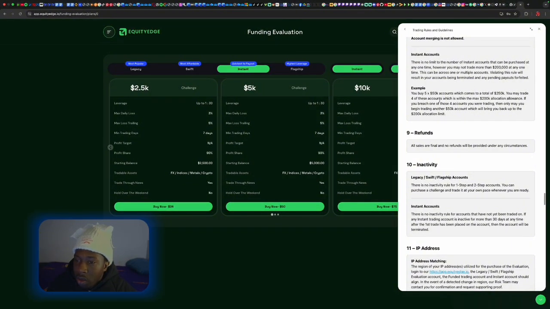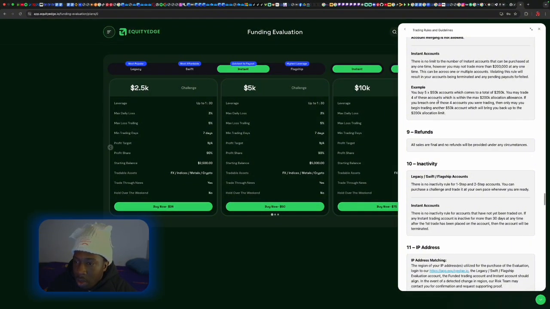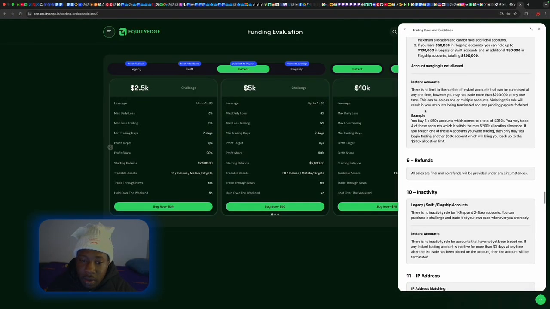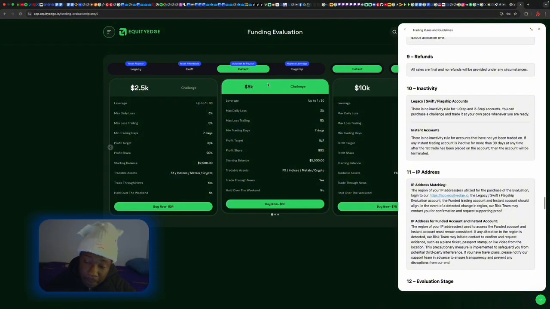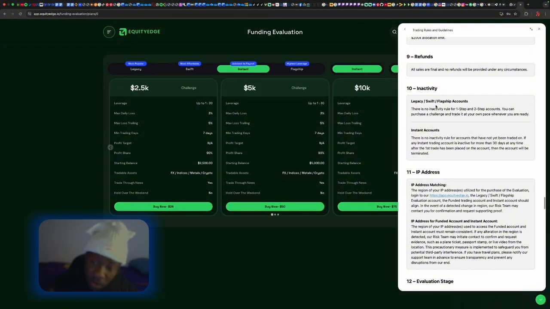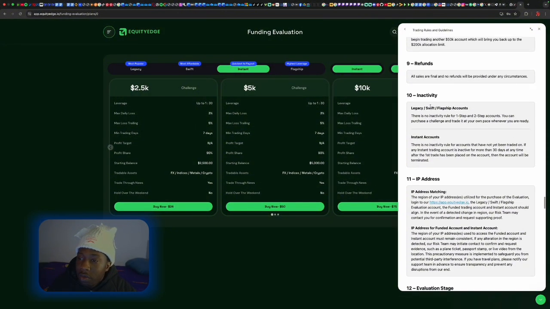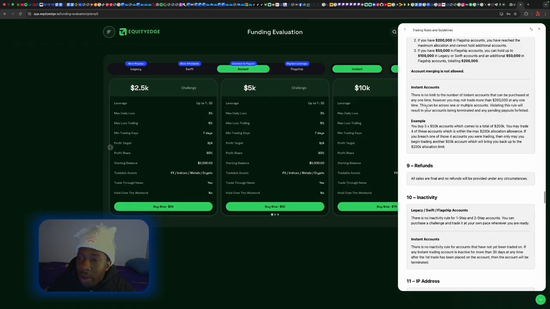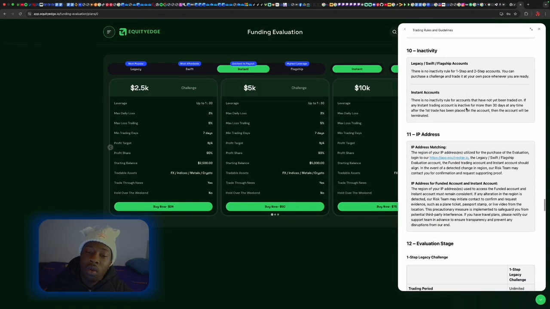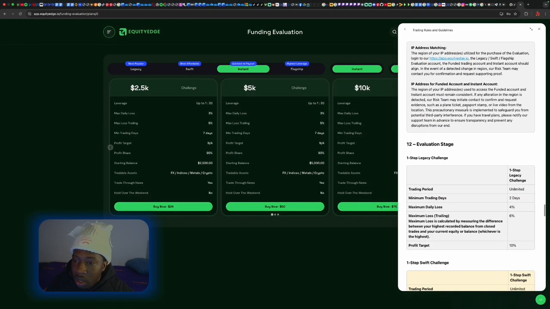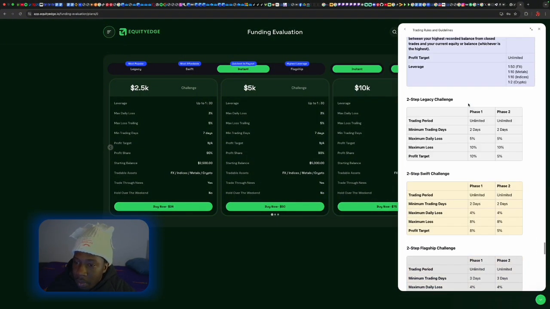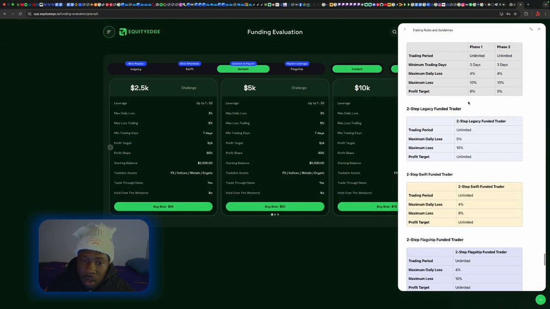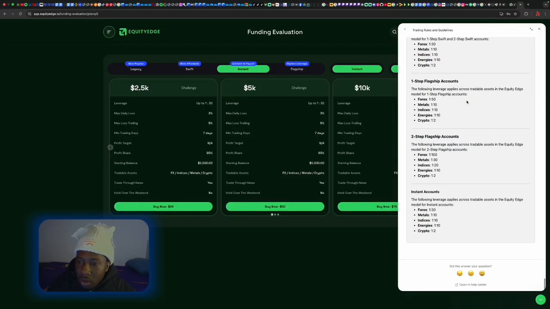Violating this rule will result in your accounts being terminated and any pending payouts forfeited. So you don't need to have 200,000 across your trading accounts so that you don't breach this rule. Me, I'm buying this 5k account. It is not a problem.